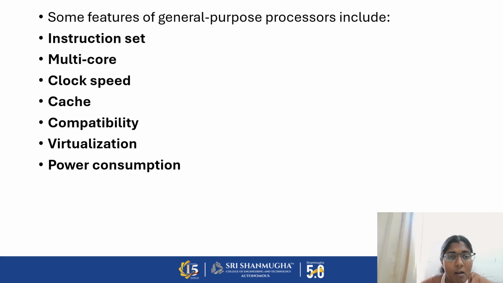The clock speed of a general purpose processor should obviously be high. And it should have a cache memory. Cache memory is a temporary memory which can hold frequently accessed data, so that it can be easily accessed by the next instructions.